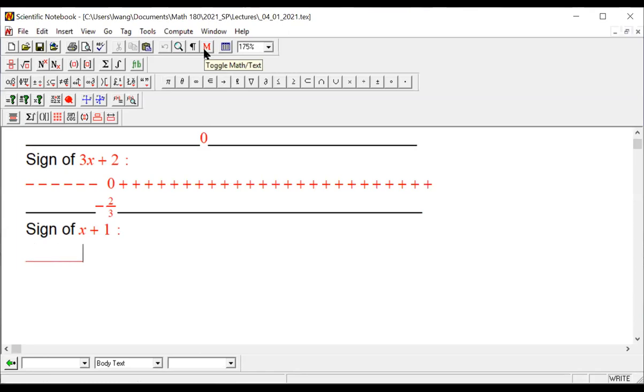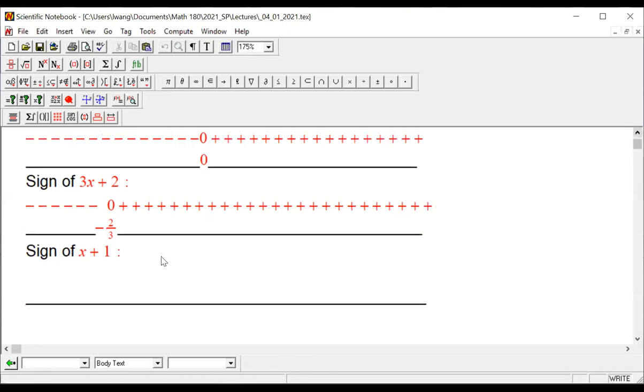So we just have to deal with a few more number lines. So at -1, let's look at the relative position. Negative 2/3. Let me scoot this over a little bit.